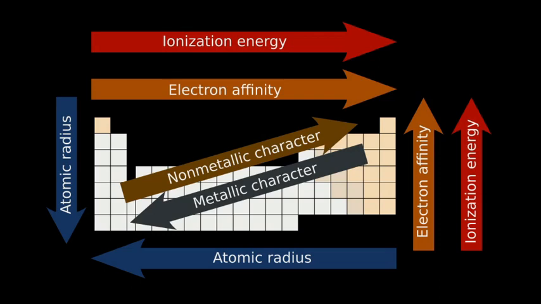Since there are more protons inside the nucleus, the 8 electrons are brought very close to the nucleus. Therefore the radius of neon is smaller when compared to the radius of lithium. That is the explanation for the diminishing atomic radius as we move from left to right of the periodic table.